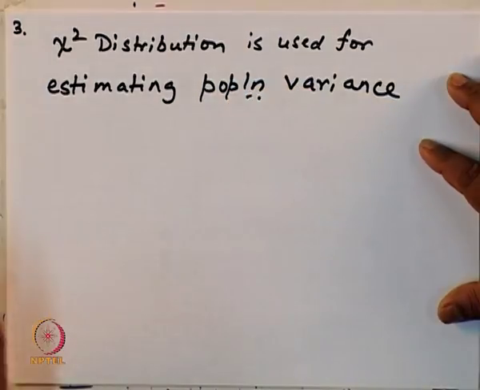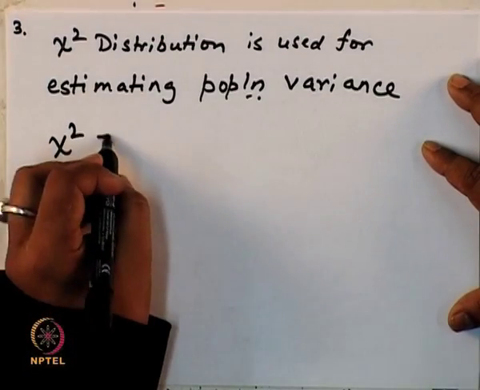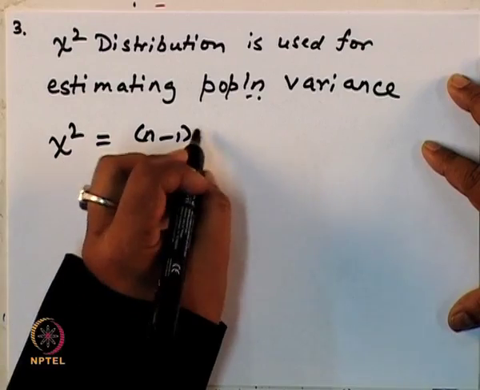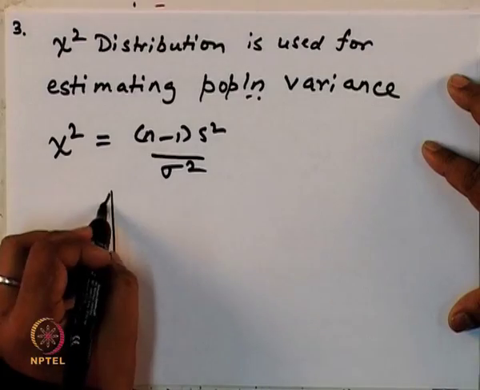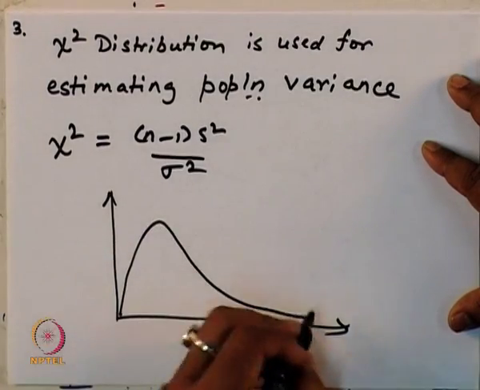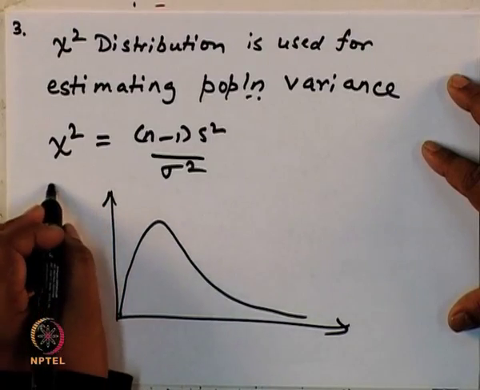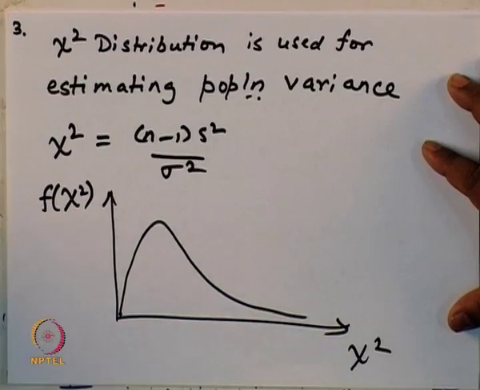The statistic that you calculate is called the chi-square value, given by n minus 1 into s square by sigma square. The chi-square distribution is asymmetric, it looks something like this. So, this is f of chi-square and this is your chi-square value.